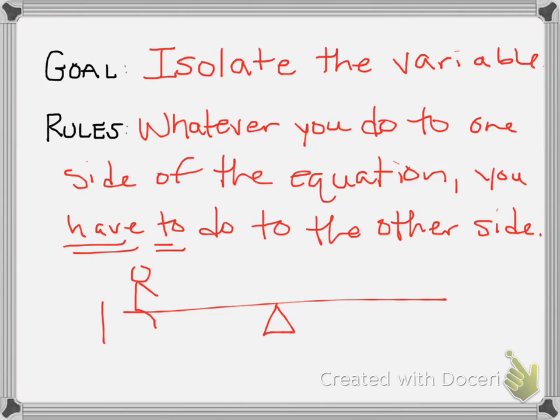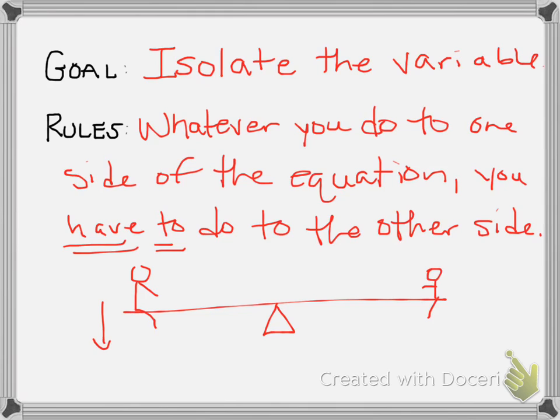Well, it's going to drop, right? So we'd have to put someone on this side as well, and that way we can balance the teeter-totter. We're going to do the same thing with equations. Whatever we do to one side, we have to do to the other side. If we add 5 to one side, we have to add 5 to the other side.